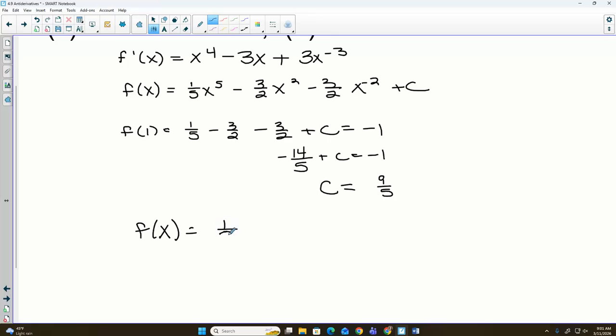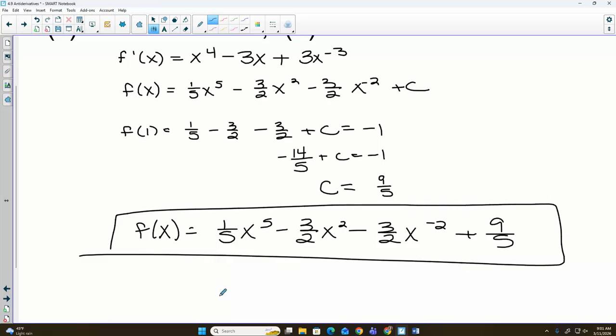So 1/5 x to the 5th minus 3 halves x squared minus 3 halves x to the negative 2 plus 9/5. All right. Any questions there?